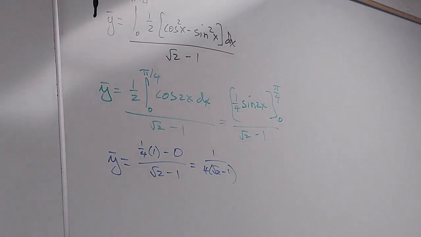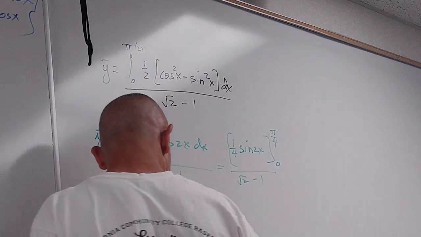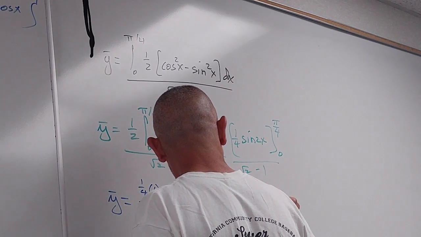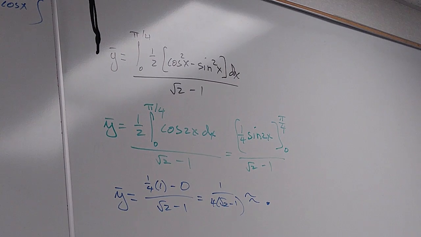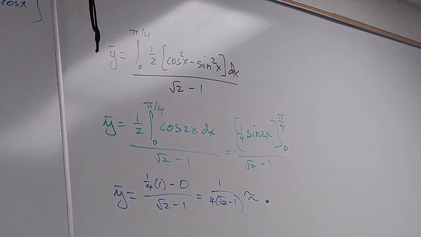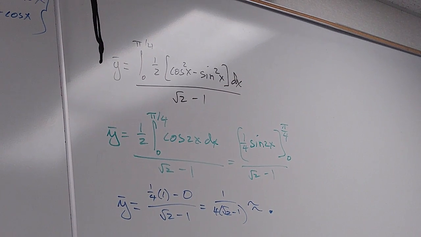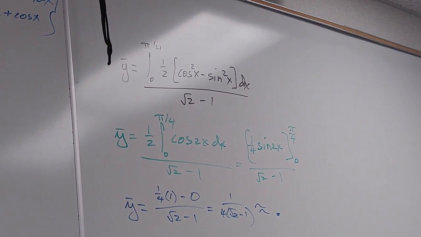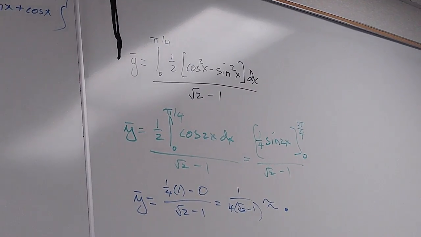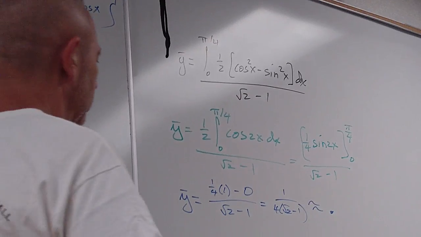And hopefully that's going to come out to be about 0.6 or 7 or something like that. Maybe my drawing is skewed. What does it come out to be? 0.6. Oh, well, good.